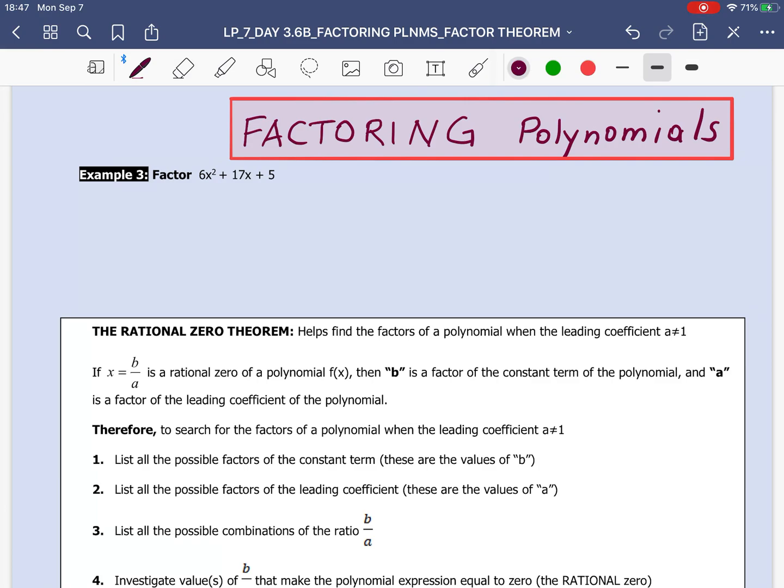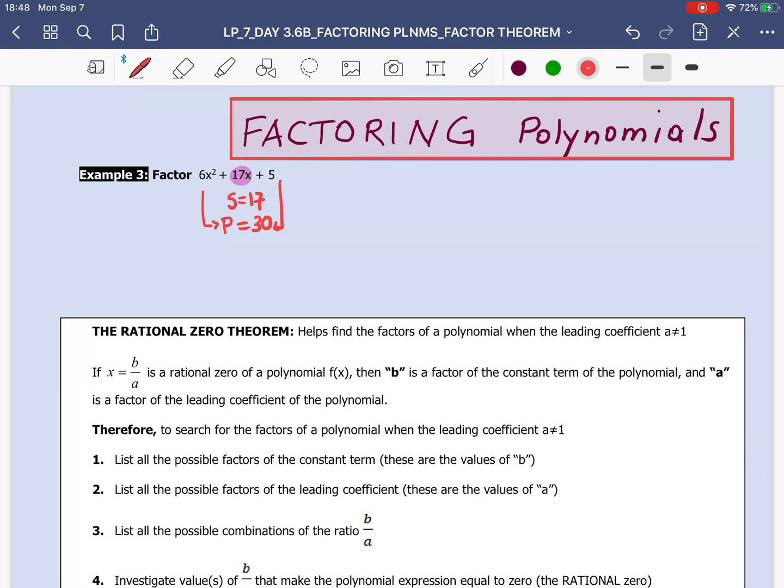The middle term in this polynomial is 17x. So 17x must be broken down into two terms that again add to 17 because we cannot change the value of the expression, but the product of the two numbers that add to 17 must be equal to the product of the leading coefficient with the constant term, which is 30.